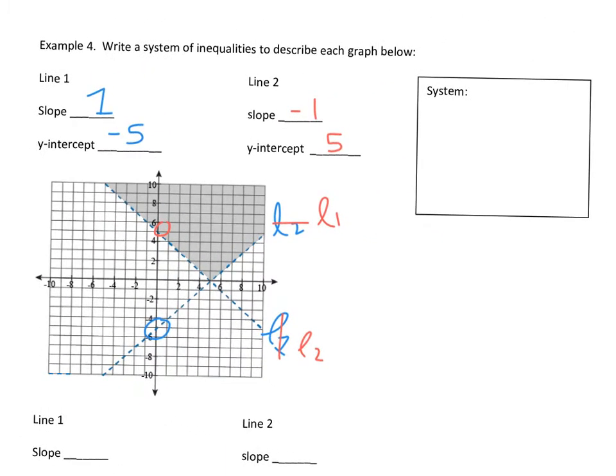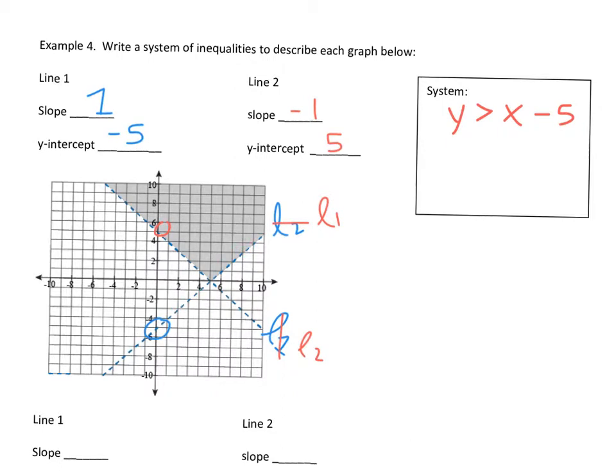For line 1, the slope is going up 1, right 1, so the slope is positive 1 and the y-intercept is negative 5. You have this line and you shade above it. So it's y is greater than x minus 5. It's greater than because line 1 is shaded above it, and it's a dashed line.